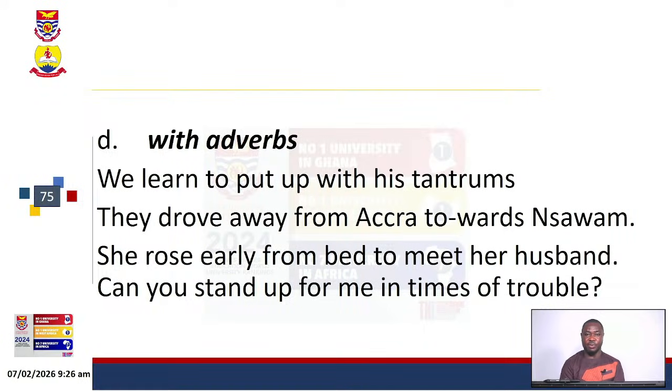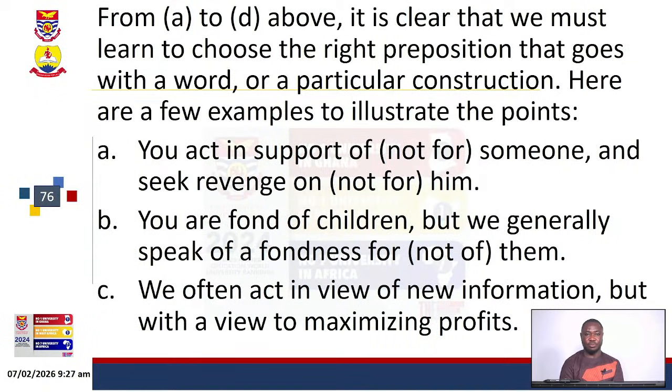Early is the adverb, from is the preposition. Can you stand up for me in times of trouble? Up here is our adverb, and the for is the preposition. So that is the adverb-preposition combination.